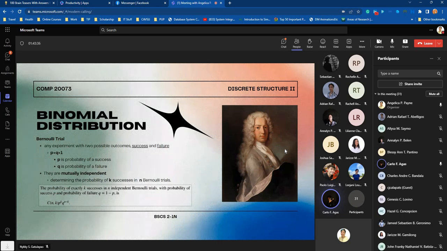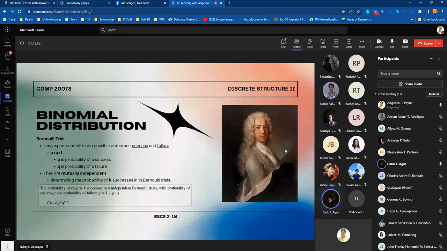Dapat, pag nag-roll ka ng dice, ang lalabas is multiple of 3s. So, ang success natin is 2 out of 6. Yung failure natin yung natira, yung hindi pasok doon sa probability na yun. Kaya kung makita natin, meron nakasabi dyan, P plus Q is equals to 1. Probability of success is P. So, 1 ay 2 all over 6.